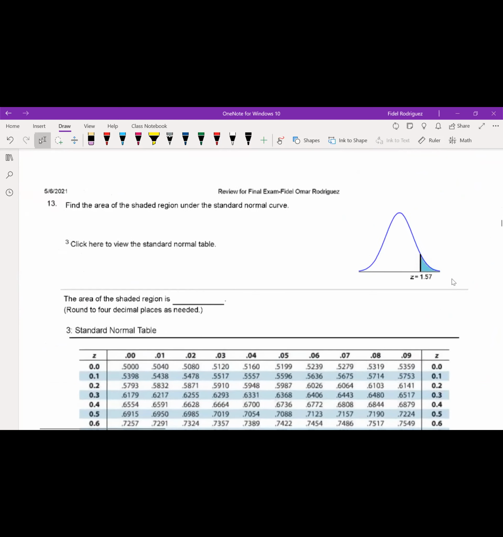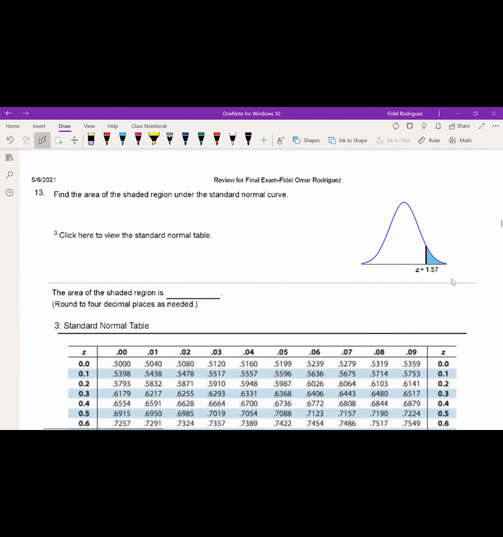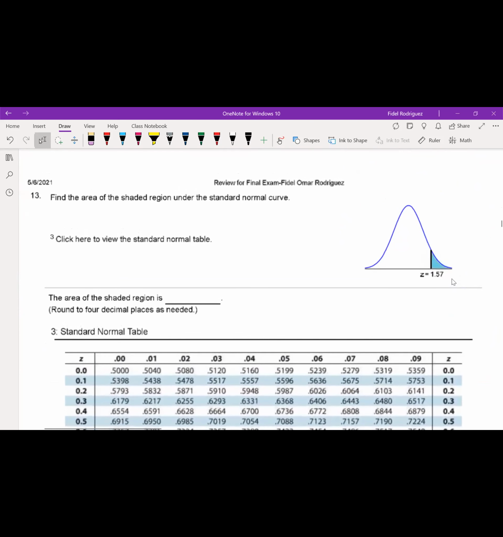Okay, perfect. So guys, for number 13, it says, find the area of the shaded region under the standard normal curve. Okay, so I want you to notice what we're finding here on 13. We're looking for the area to the right, okay? We're looking for the area over here when we have this particular z-value.